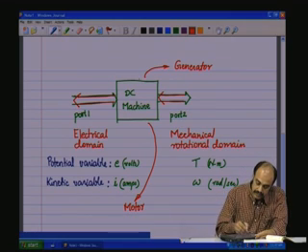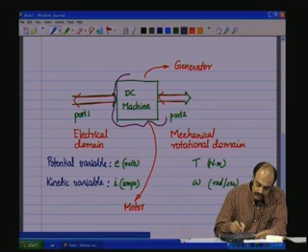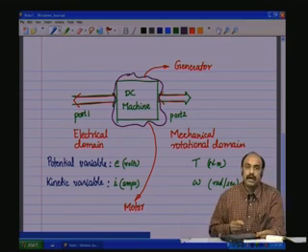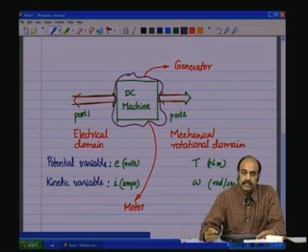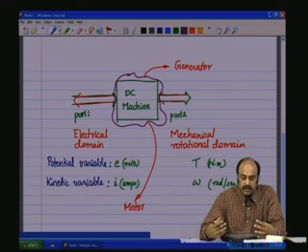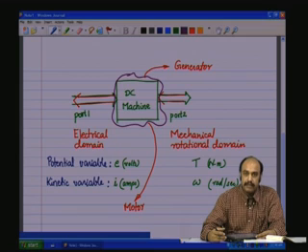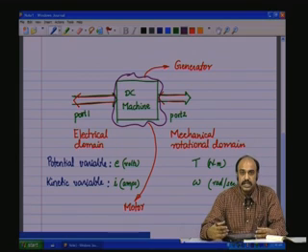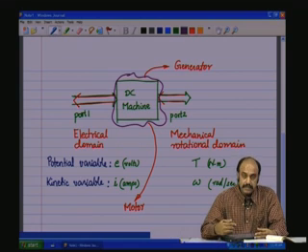So, this is the machine that we are going to focus on now and try to understand its principle of operation, the basics, the concepts, what makes it happen, what makes it rotate, what makes it generate. So, first we consider the DC machine as a generator.